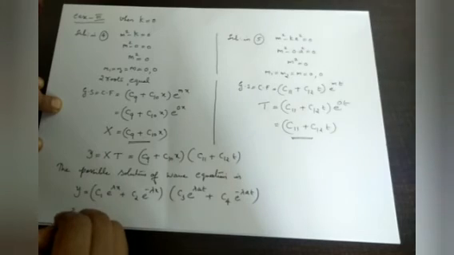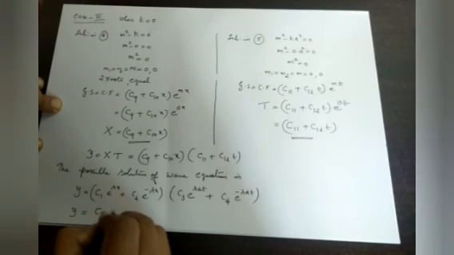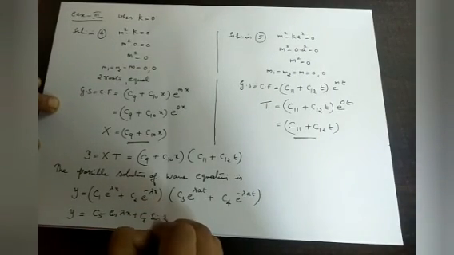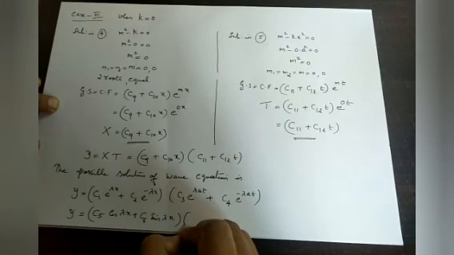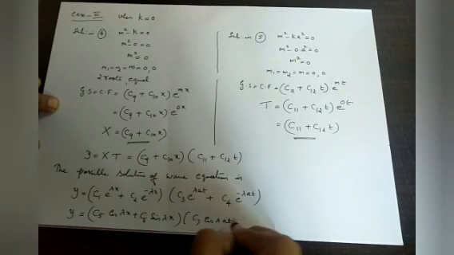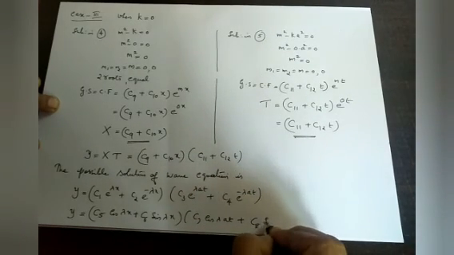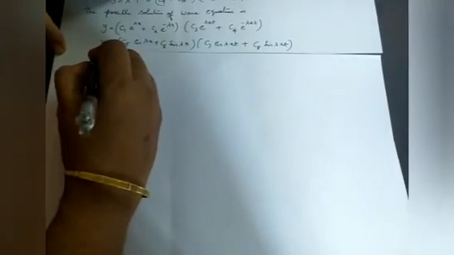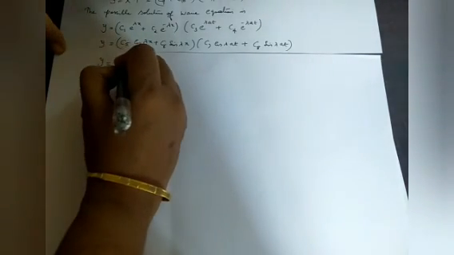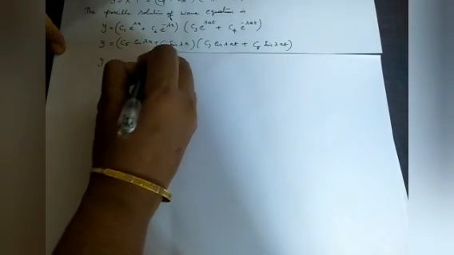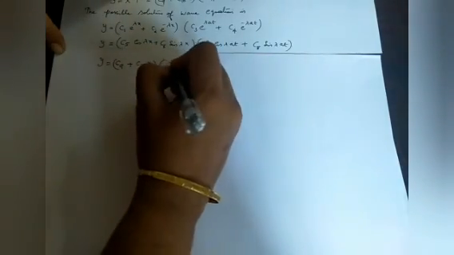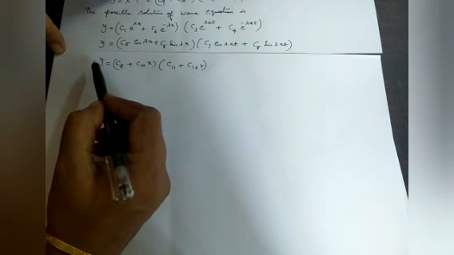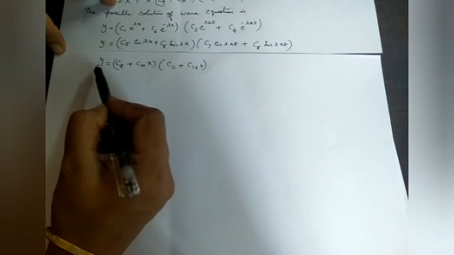Now the second one is y is equal to c5 cos lambda x plus c6 sin lambda x into c7 cos lambda a t plus c8 sin lambda a t. The third solution is c9 plus c10x into C11 plus C12t. These are the three possible solutions of the wave equation, out of which we can select one.